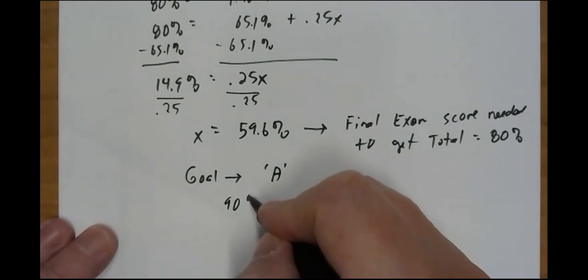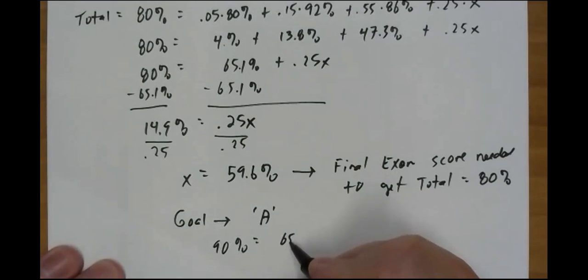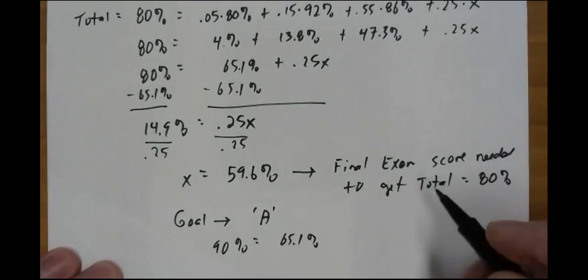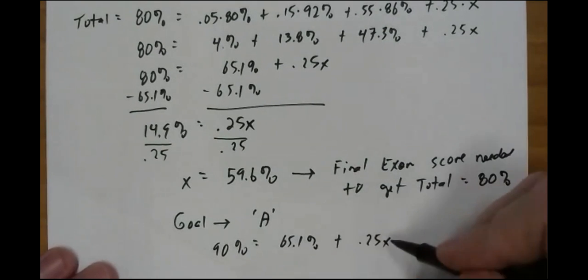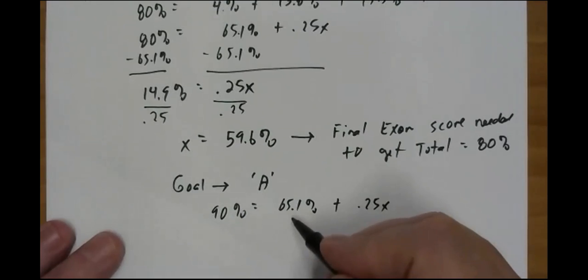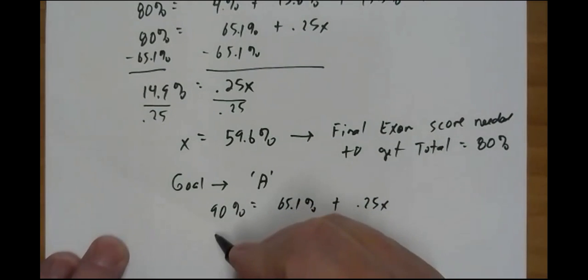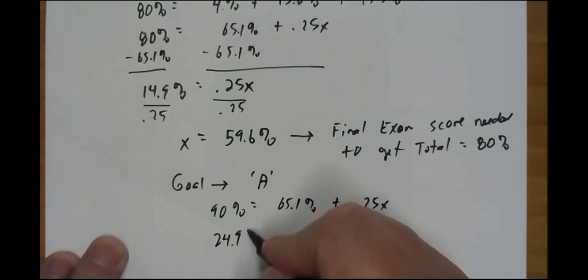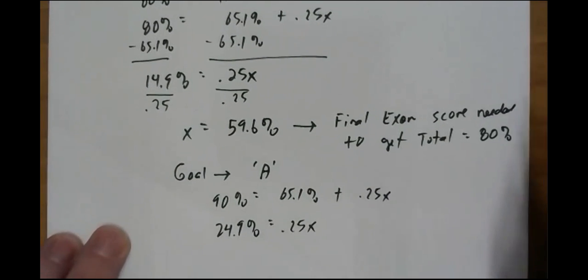So I have 90% equals 65.1% plus 0.25x. Now I'm going to solve for x again, so I subtract 65.1 from both sides. 90 minus 65.1 equals 24.9%, which equals 0.25x.